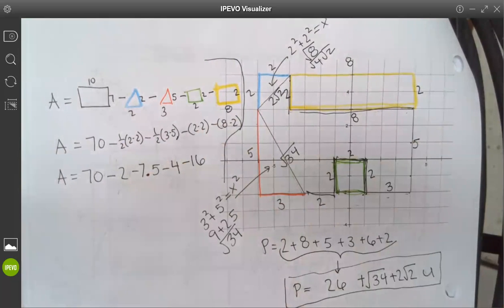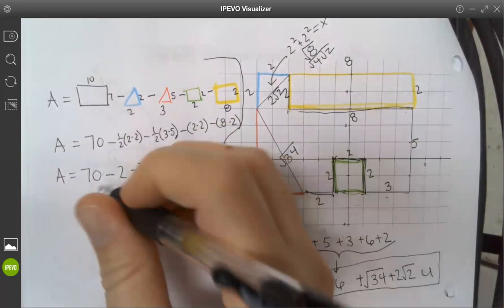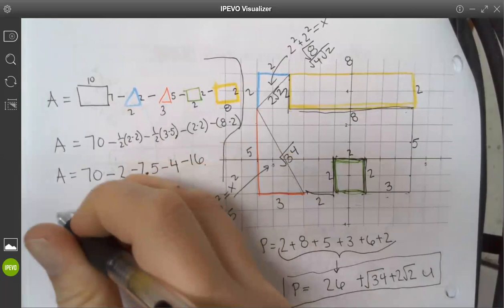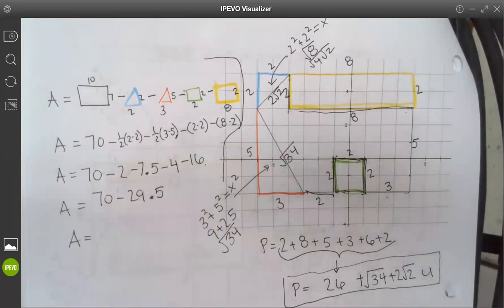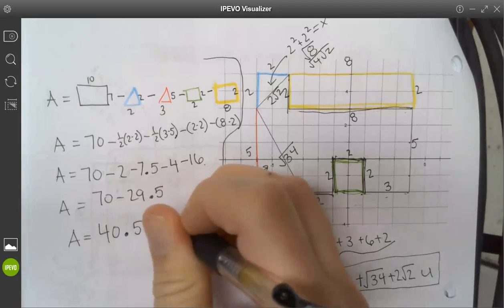So I could subtract those individually, or I could say, let's see, that's 20, 22, 29 and a half. Okay. And what does that give me? 40 and a half units squared.